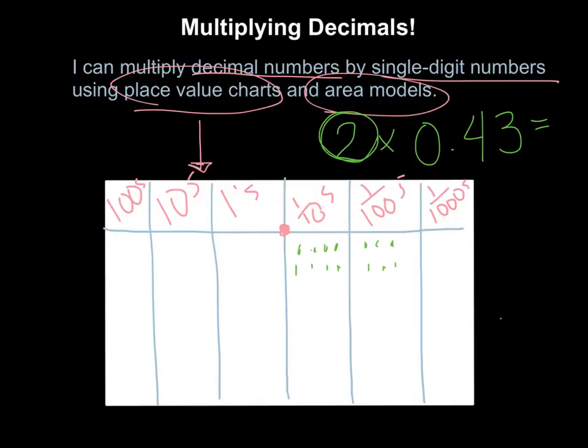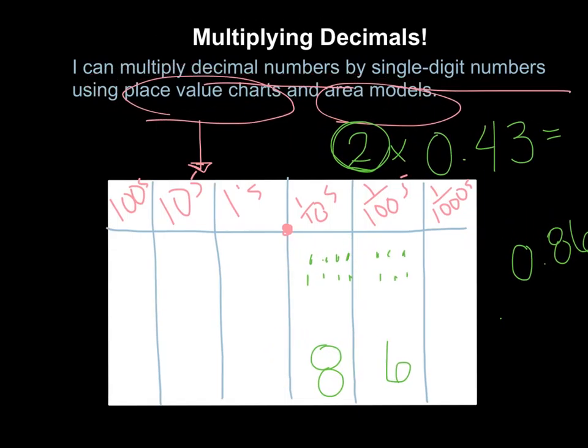And if we combine what we have in each column, I have 8/10 here now, and 6/100. I end up with an answer of 86/100. Now, if I think about that and try to decide if that's reasonable, I know that 43 doubled is about 86, so it makes sense to me that 43/100 doubled would be 86/100.